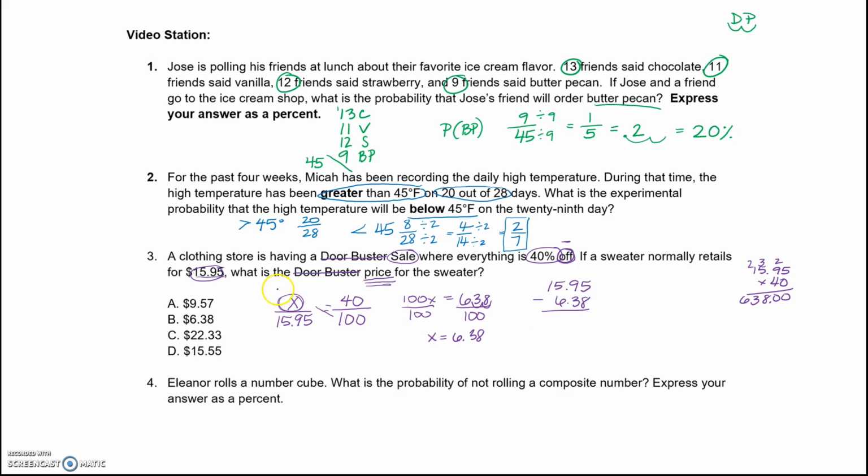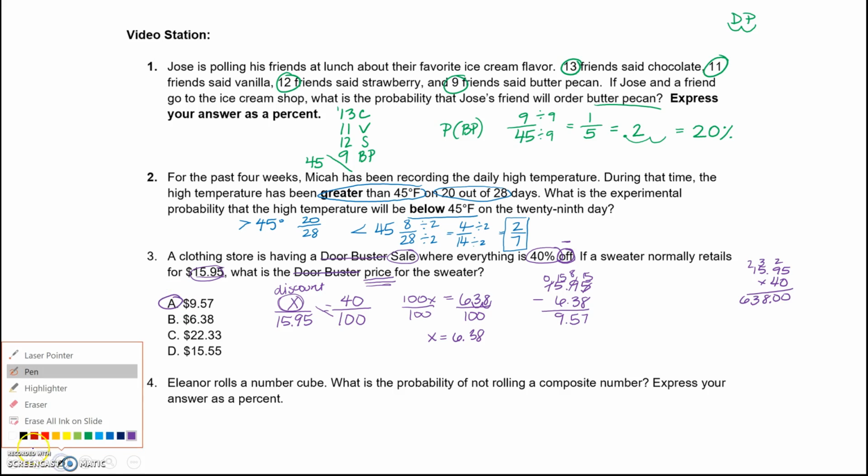This is not asking for the discount. X is my discount. It's how much money I'm saving. It's asking for the new price. So that's how I know I have to subtract. So this becomes 15 minus 8 is 7, 8 minus 3 is 5, borrow again, 15 minus 6 is 9. So the sweater is now $9.57.